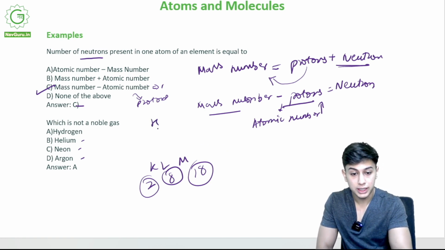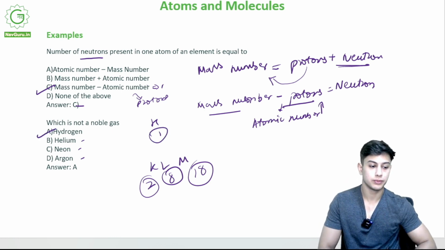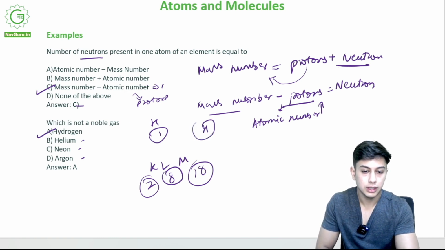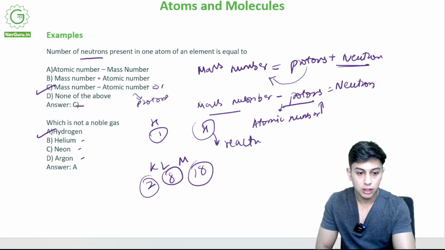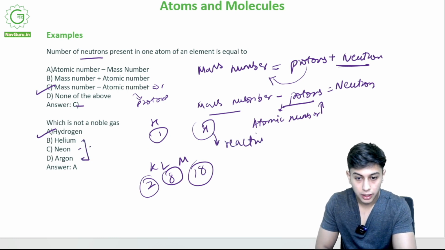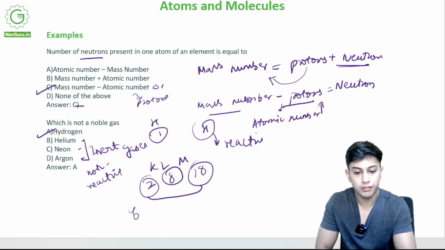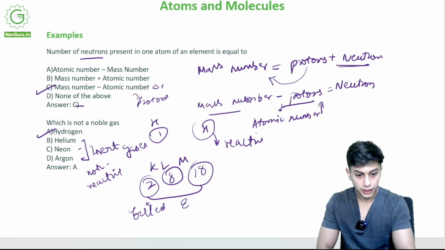However, for hydrogen, H is 1. Hydrogen can react. So hydrogen is reactive. All these are inert gases, I-N-E-R-T. They are non-reactive. Why? Due to filled energy levels.